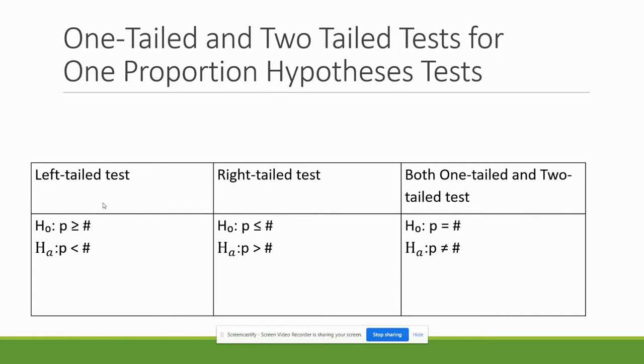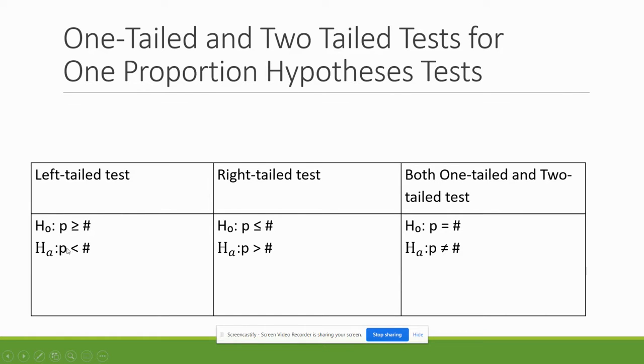So another thing that we can do is one-tailed and two-tailed test for one proportion hypotheses test. Okay, proportions are really percentages, fractions, decimals. And again, you're going to see the same thing. Left-tailed, the proportion for the null, the proportion is greater than or equal to the number.